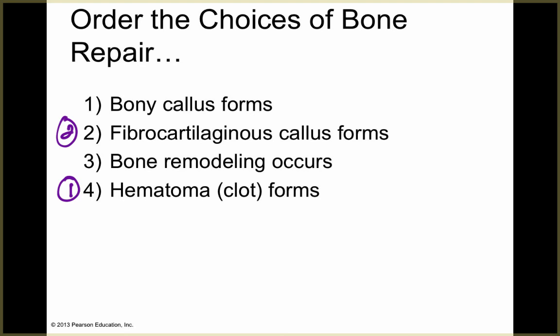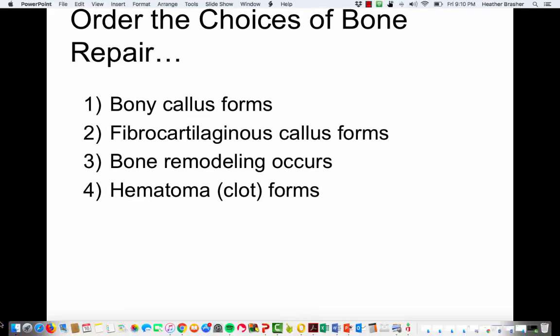And then once the callus forms from the collagen and the cartilage, what do we have happen after that? The bony callus forms, and then lastly we have bone remodeling, which that video showed a really good process and kind of gave you an idea of what it looked like overall.